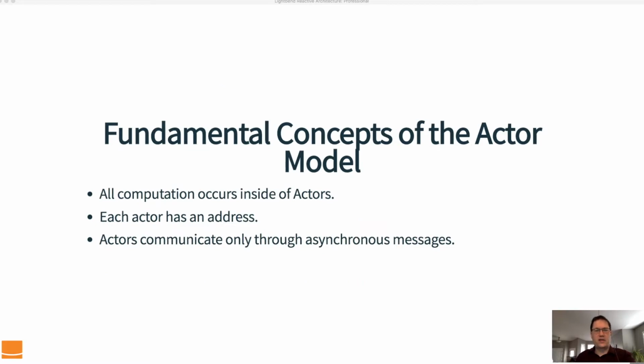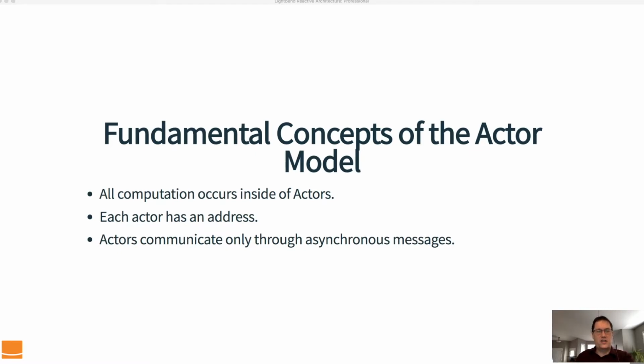So what are some of the fundamental concepts of the actor model? First is that all computation occurs inside of an actor. So at some point in your application, you are going to have one or more actors, ideally more than one. A single actor is not actually that useful. So you will have some combination of actors, and all your computation will occur inside of one of those actors, or across many of those actors.